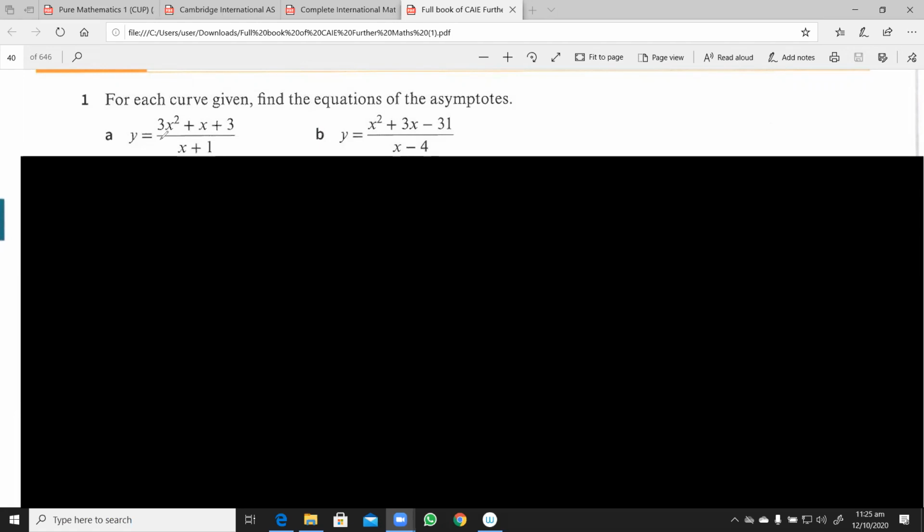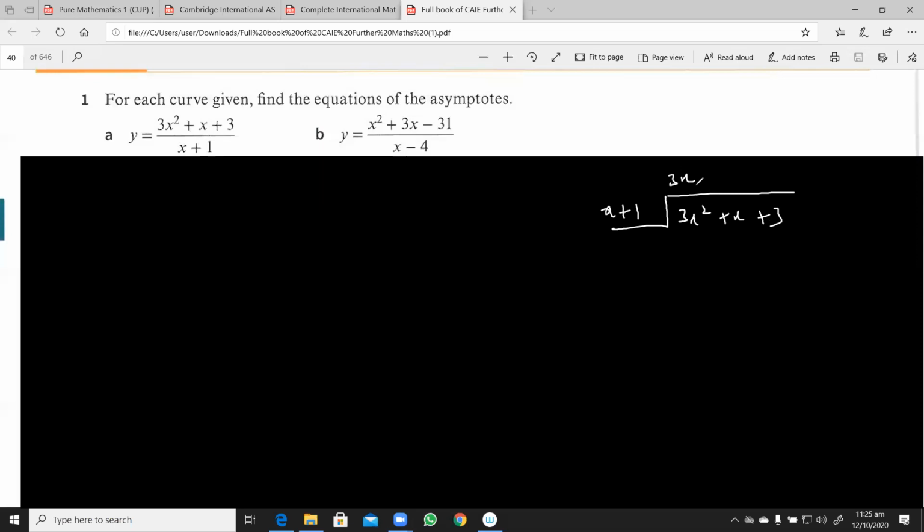If you look at this first part over here, previously there was just a number plus a fraction when you were dividing an improper fraction into a polynomial and a fraction. Look at this. This is a quadratic in the numerator, and there is a linear denominator down here. So when you divide this, you get something like this. This is 3x squared plus x plus 3, and that is x plus 1.